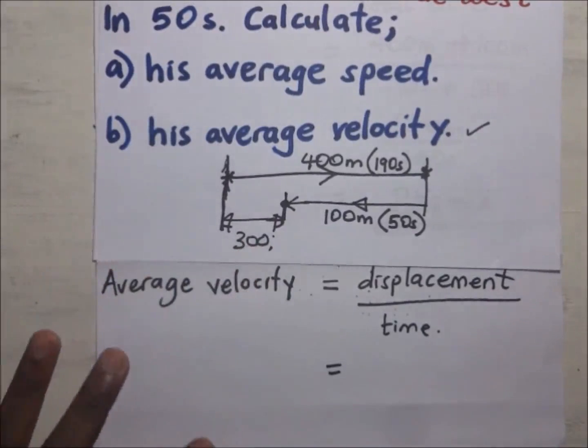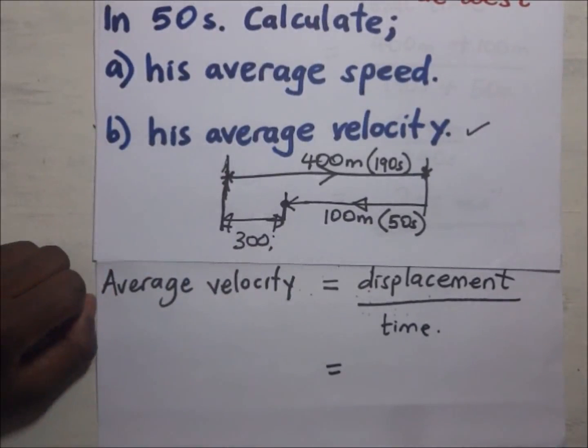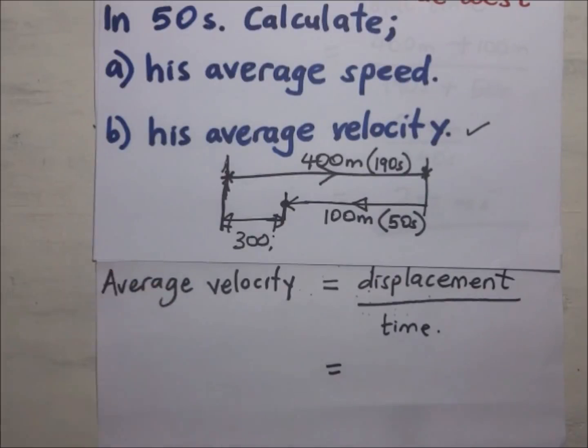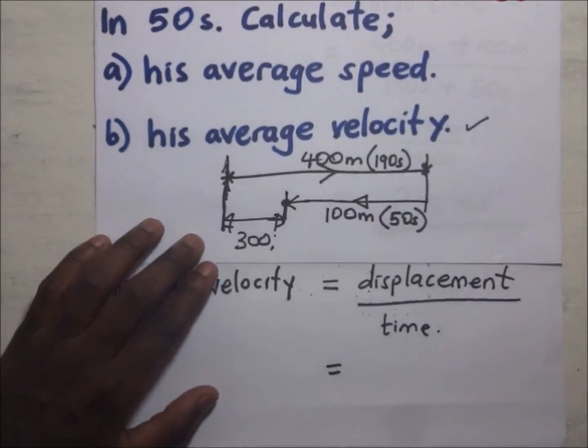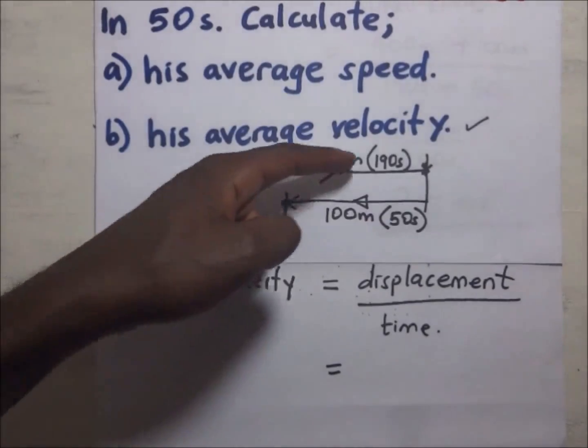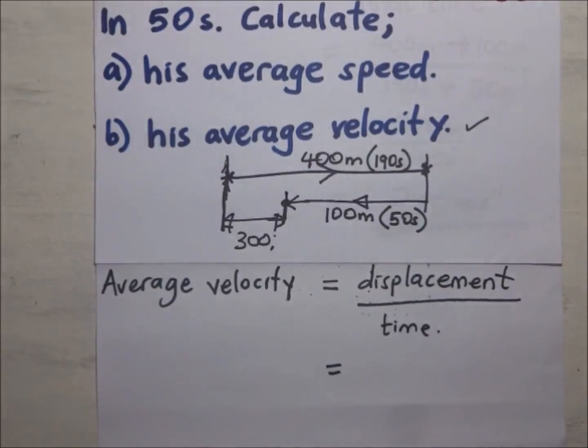Again, let's get the difference. Distance is a scalar quantity. Velocity is a vector quantity, and with velocity we are talking about the magnitude and direction. With scalar we are only talking about the magnitude, and so that's the case with distance. Distance is just how much you move.